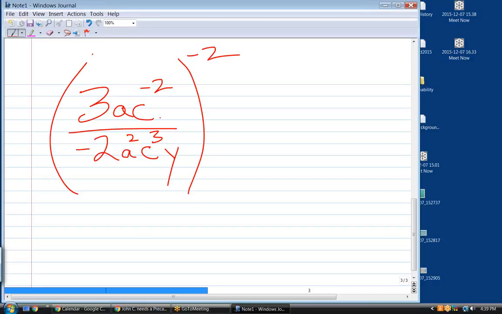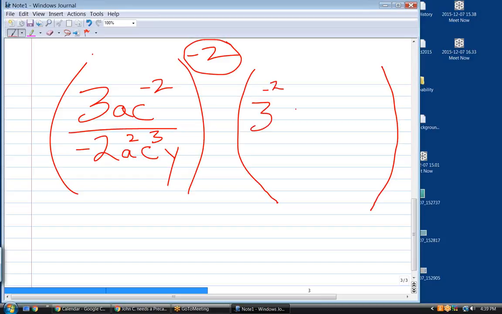All right. So the first thing we should do here is apply that to all of our exponents. Okay? And in fact, apply it to everything. When we apply it to the 3, we have 3 to the -2. A to the -2.